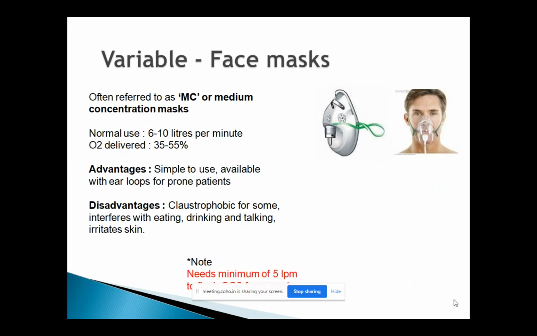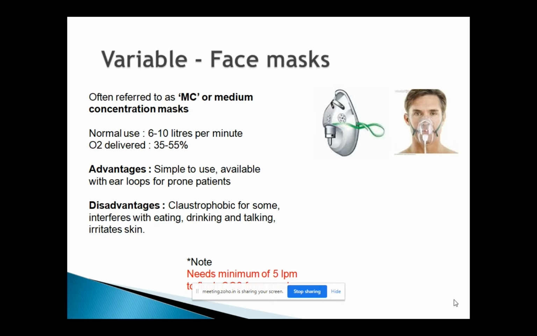So again, you can only tell how many liters you are giving to the patient. You won't be able to tell what percentage of oxygen the patient is achieving. If you look at the slide, it says very clearly O2 delivered from 35% to 55%. That's the FiO2 you can give, but you can't tell what exactly they are getting. So that's the variation. So what is the advantage?